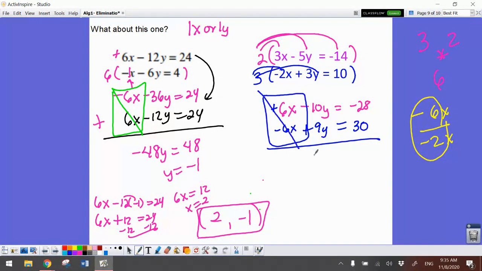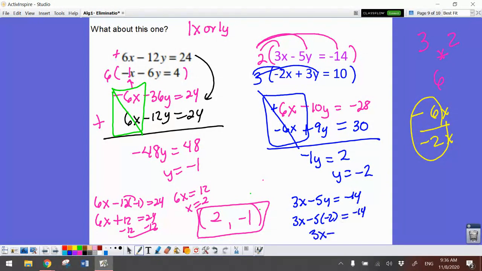They are gone. So a negative 10 and a positive 9 is going to leave me with a negative 1, and I have a 2. That gives me a really easy answer of y is negative 2. Okay, so I'm going to go back up and use my original equation. Now I can actually use any of these 4 to be able to solve for y, but I like to use one from one of the original ones that I haven't messed with. So 3x minus 5 times the negative 2.